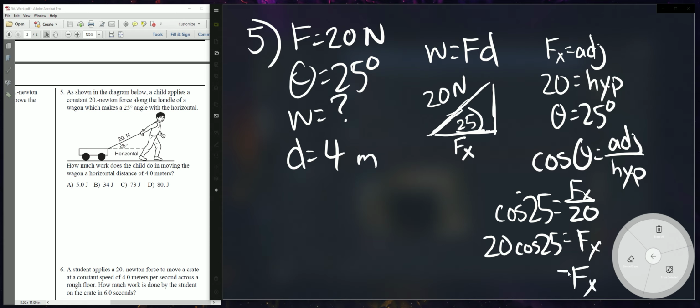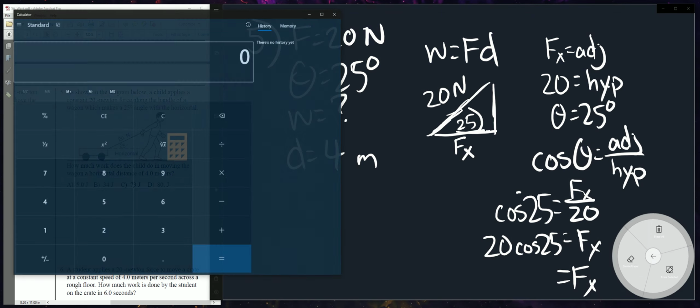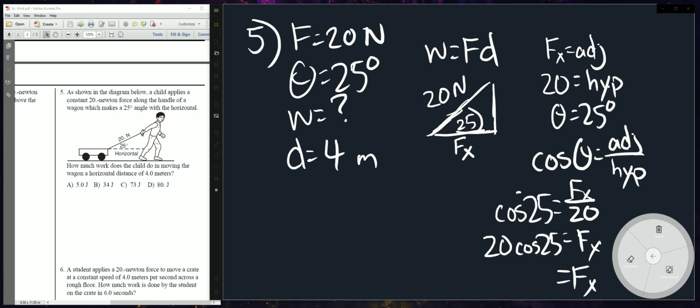And Fx is going to give you 20 cosine 25.